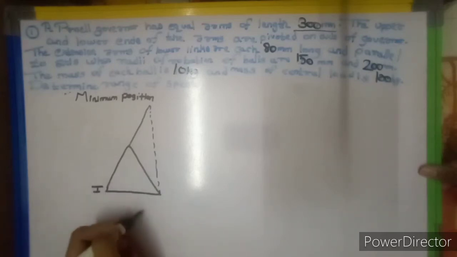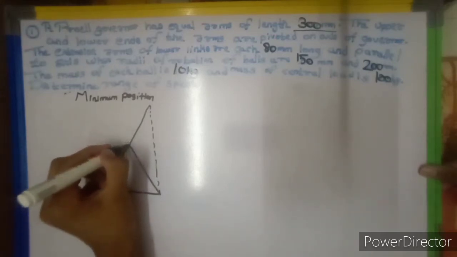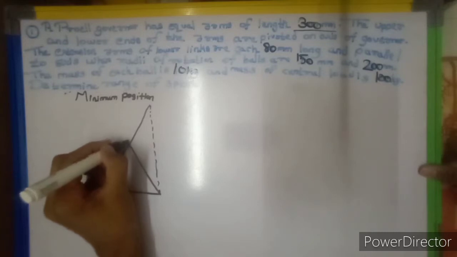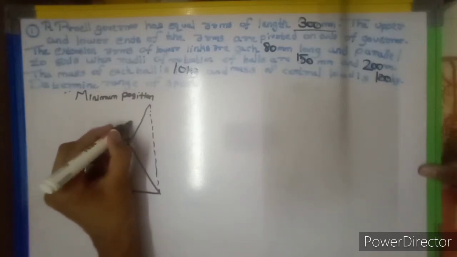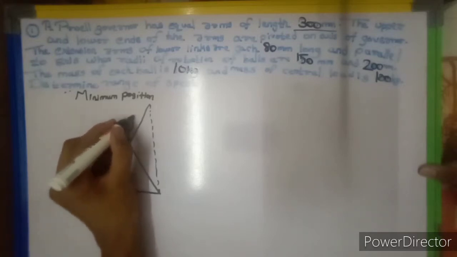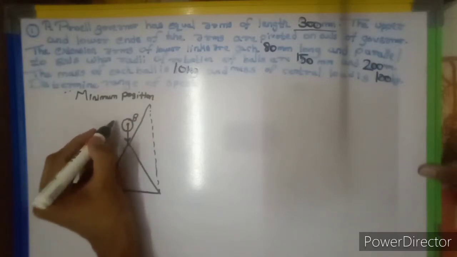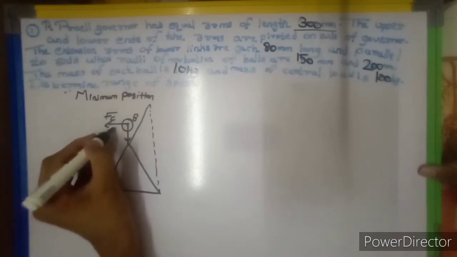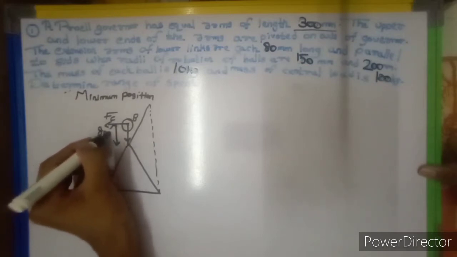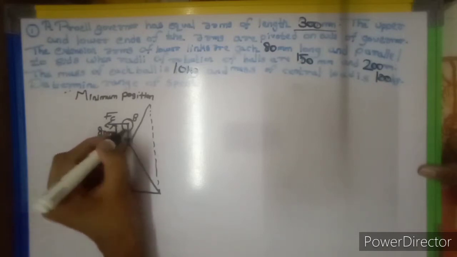This is the point where you have got the ICR. In Proell, the mass of the ball is slightly away from the point. This is the mass of the ball, and this is the centrifugal force acting. This is the length, that is 80 mm long and parallel to the axis.